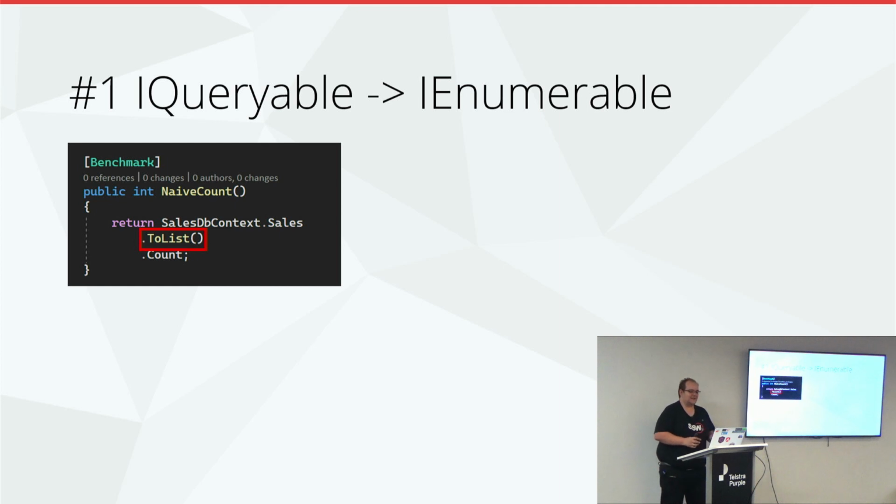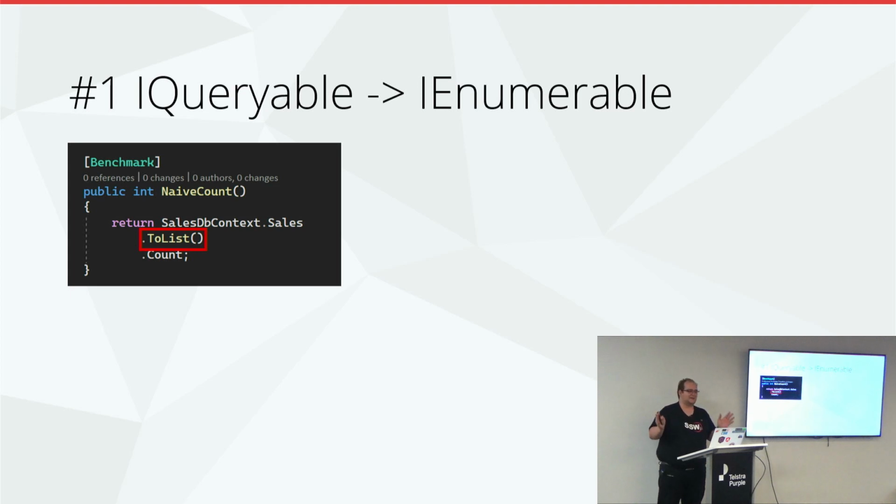What happens is you take the entire table of sales, you download it into memory, you do mapping, you do lots of different things. You use up a lot of memory and a lot of CPU, and then you count them, and then you throw everything away. And you never even look at the data, you just count how many rows there are.